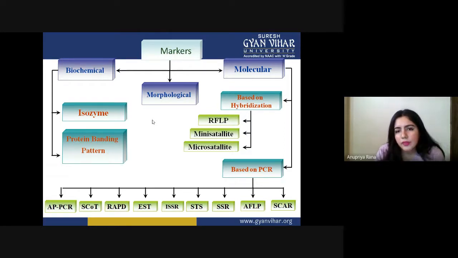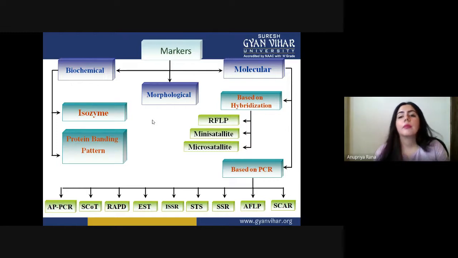On these patterns, sometimes the height character can also be analyzed. Just by seeing shape, size, color, and surface, things that can be analyzed by their outer structure or outer structural studies, they come under morphological analysis or morphological markers.